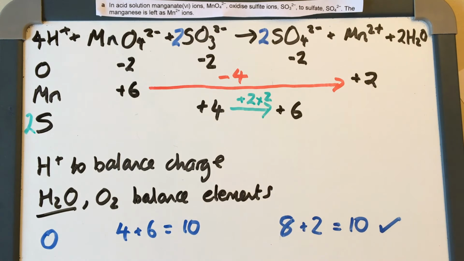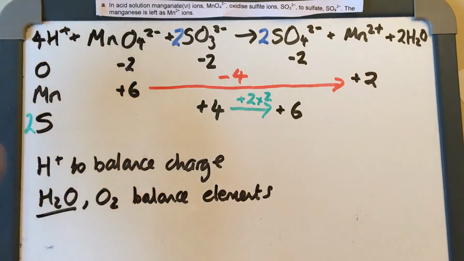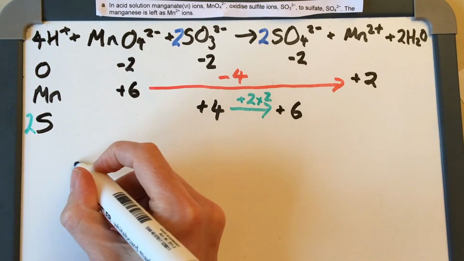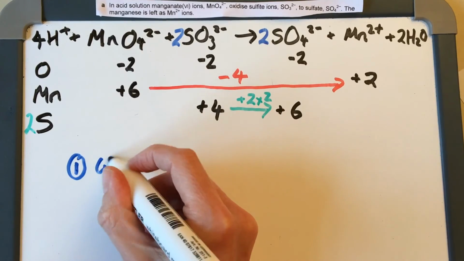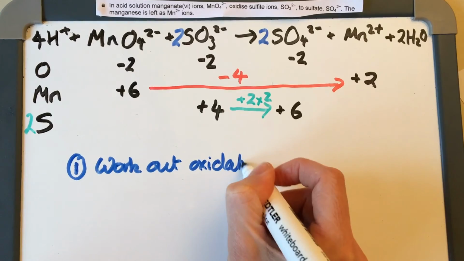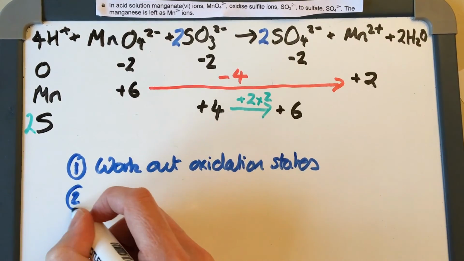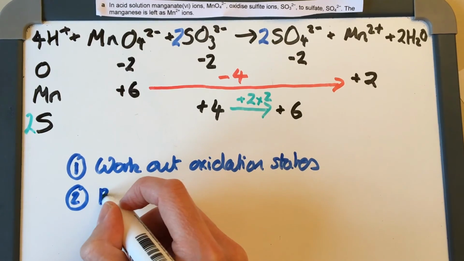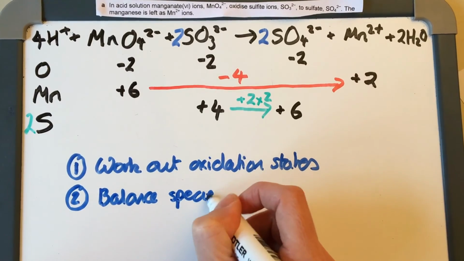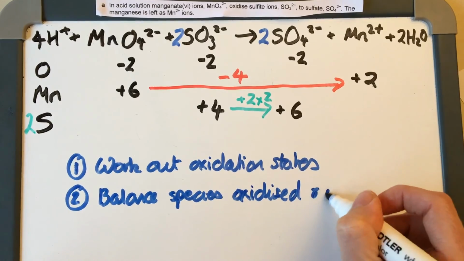So just to recap the process that you go through, we have step 1, work out oxidation states. Step 2, balance the species being oxidized and reduced.